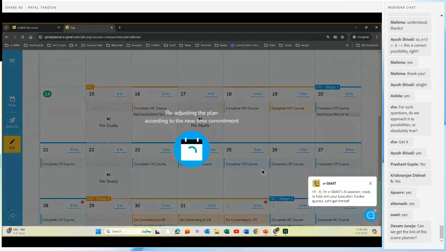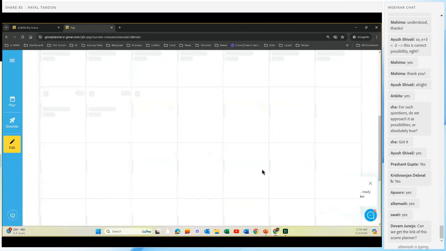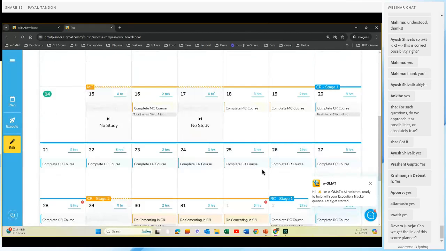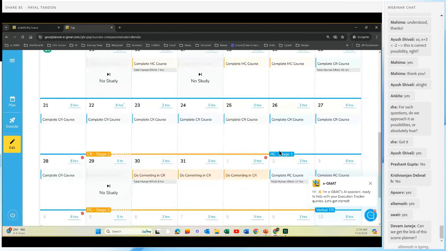So you can do all that planning. All that planning is in your hands. Likewise, if you're able to finish something sooner, or if a certain module took longer, you can make all those adjustments in the system. And whenever you make manual adjustments, you see this asterisk in your plan. Okay. So this is it.